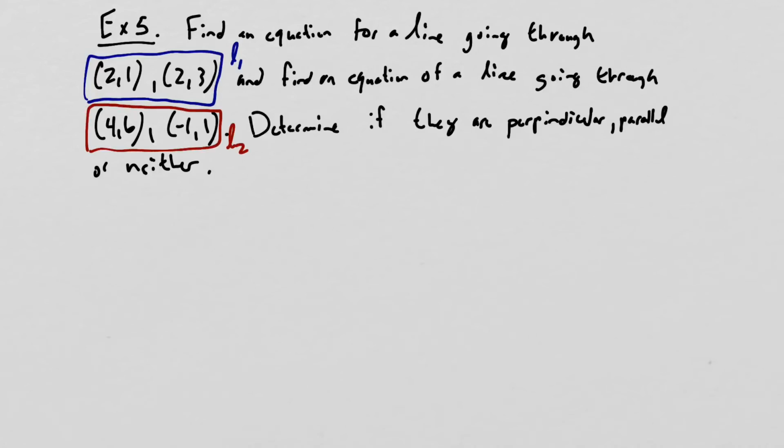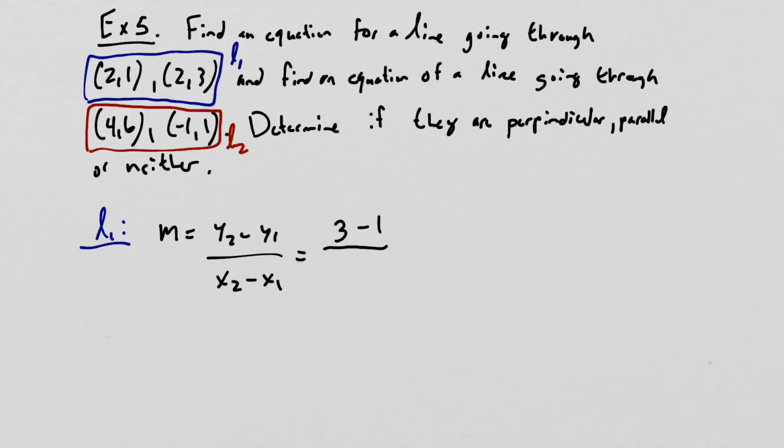Let's go ahead and find the equation for L1. To do this first, we need to find the slope of this line. Again, the slope is given by y2 minus y1 divided by x2 minus x1. Then up top we'll have 3 minus 1 divided by 2 minus 2. Here we'll get 2 divided by 0.